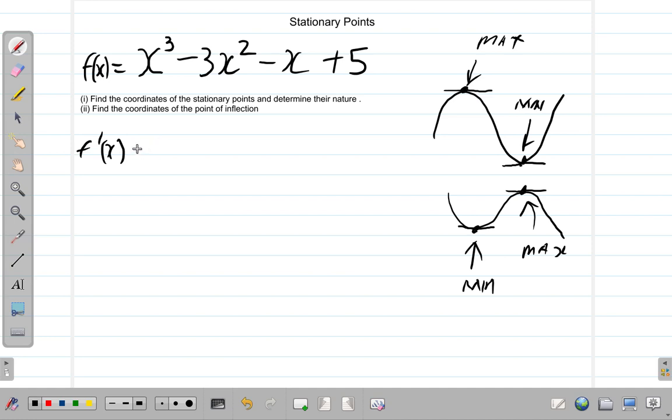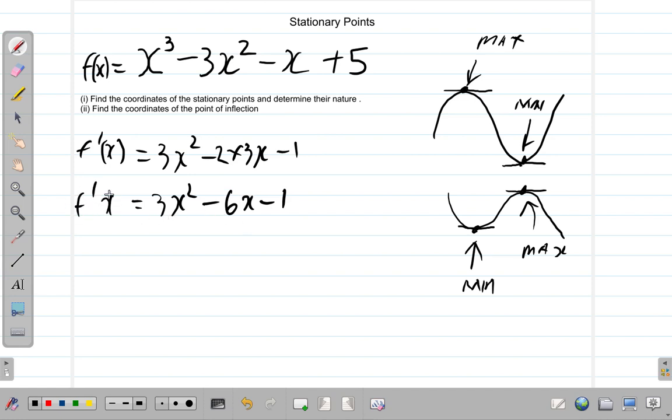So what we have here is 3x squared, using the power rule, minus 2 times 3x, which is 6x, minus 1. So f prime x, the gradient function.